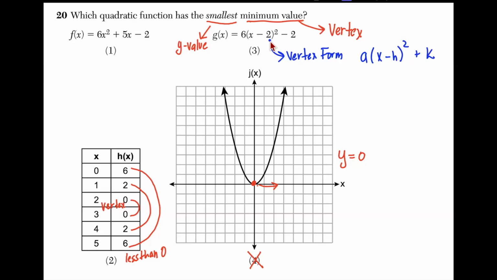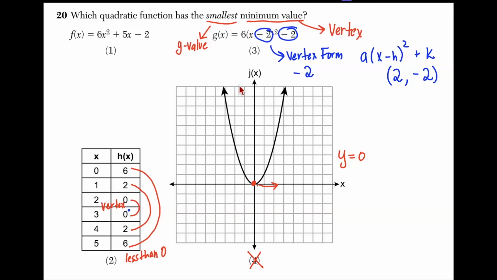So analyzing the function here, I've got minus and minus. So this happens at 2, minus 2 plus k, negative 2. Again, the x coordinate comes from here. The y coordinate comes from here. So this has a vertex of (2, negative 2). So my vertex here, negative 2, is going to be lower than this vertex here.